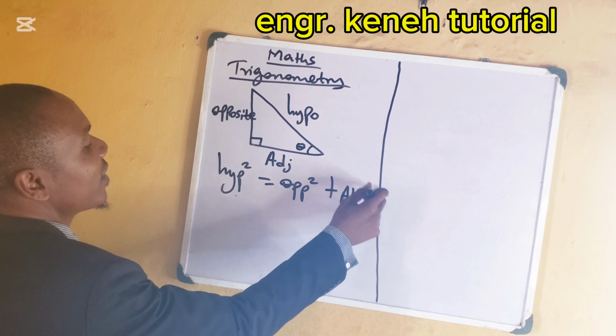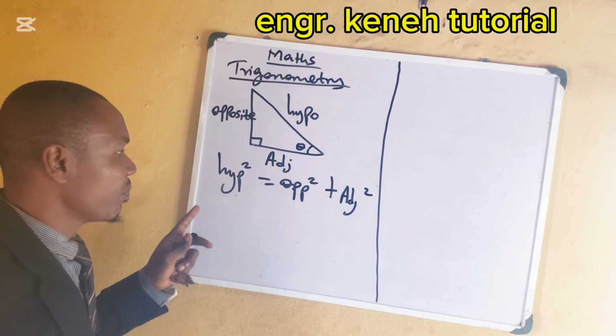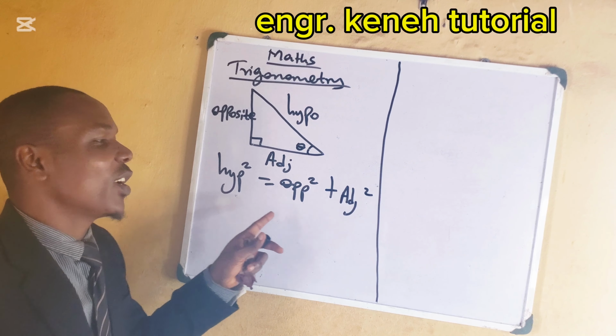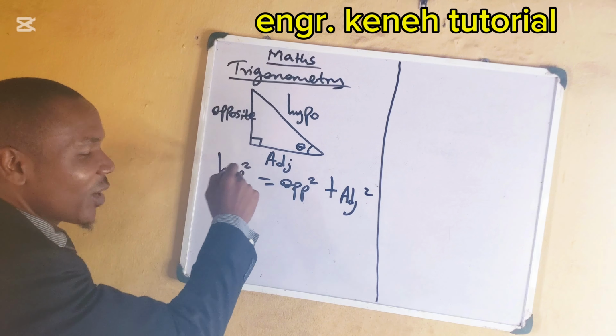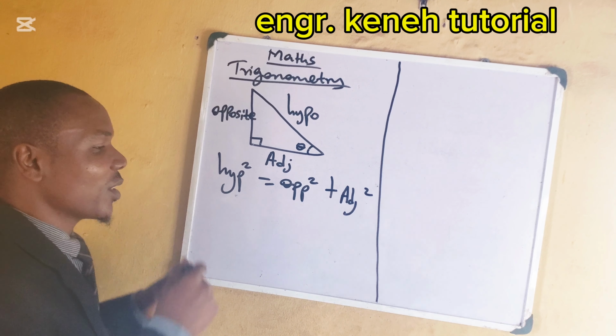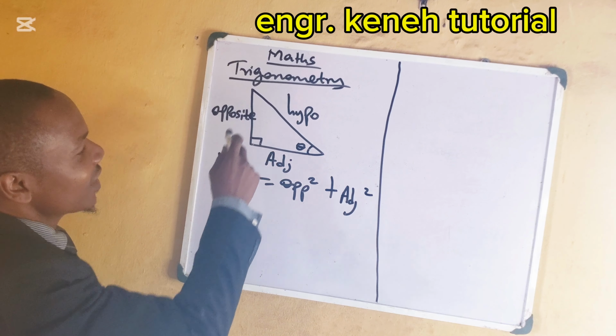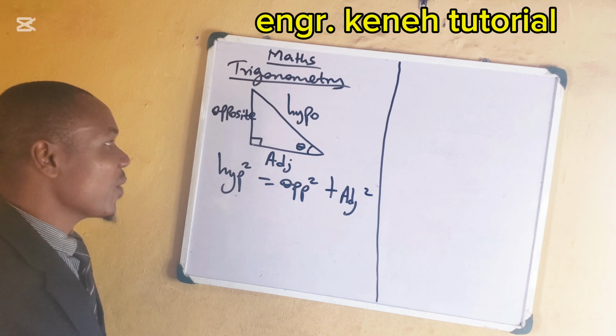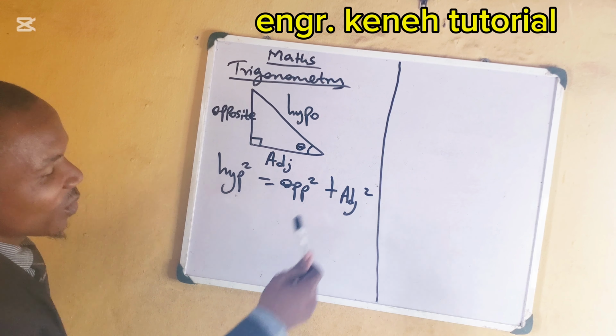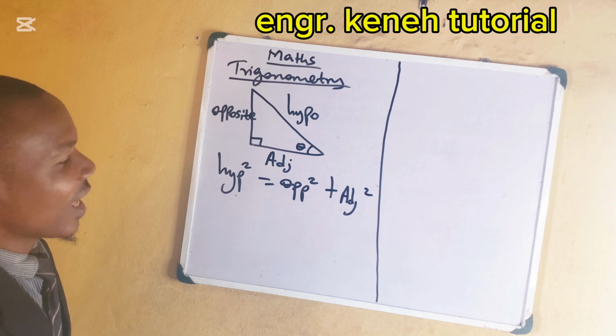That is the theorem that we use to solve a problem like this. Triangles have three sides. Out of these three, two will be given to you and you will be looking for one.